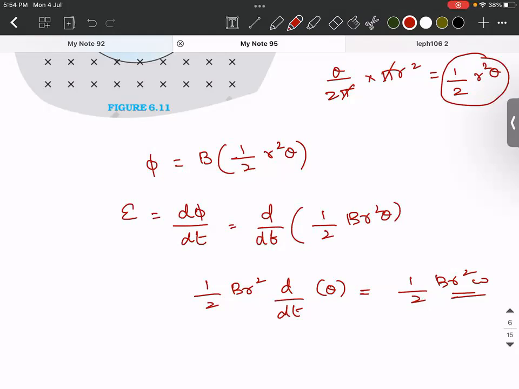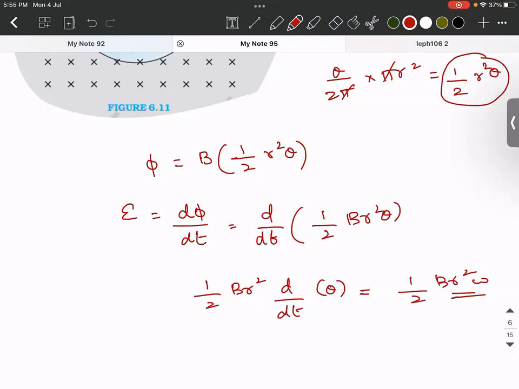So half B R square omega will be the answer.